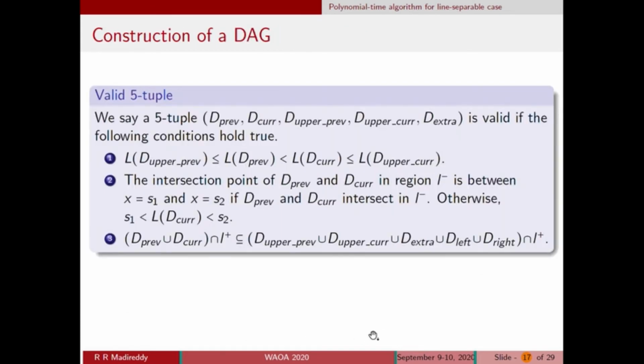We say a five-tuple is a valid tuple if it satisfies these properties.